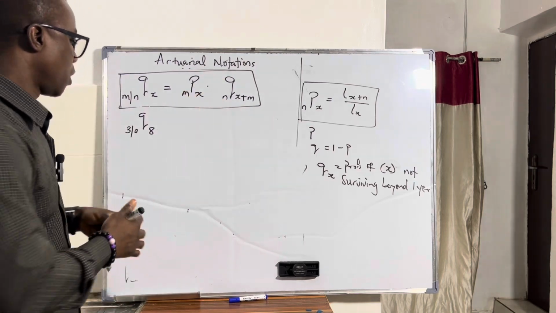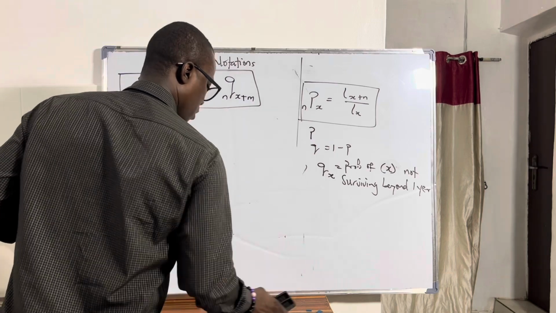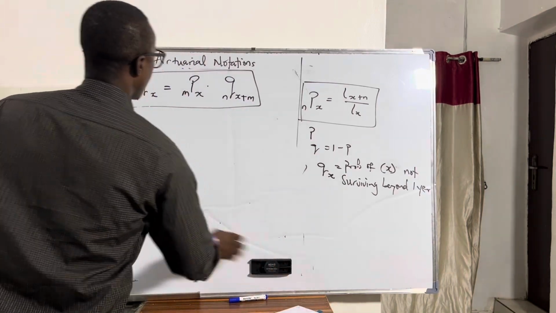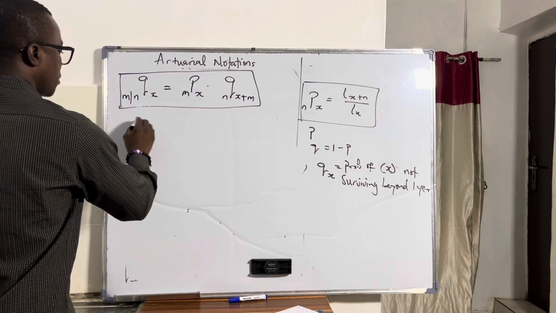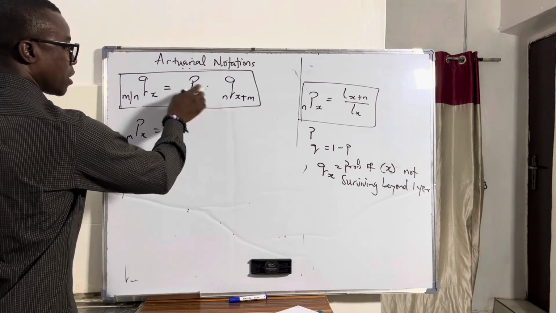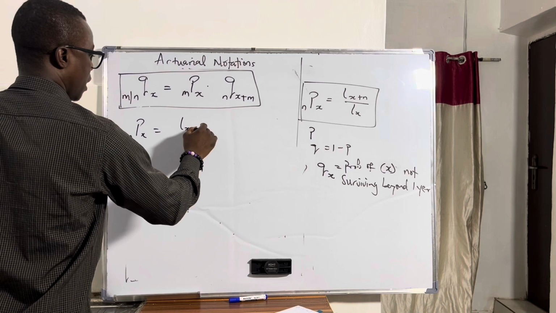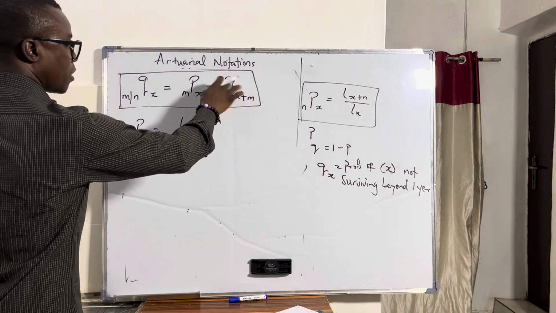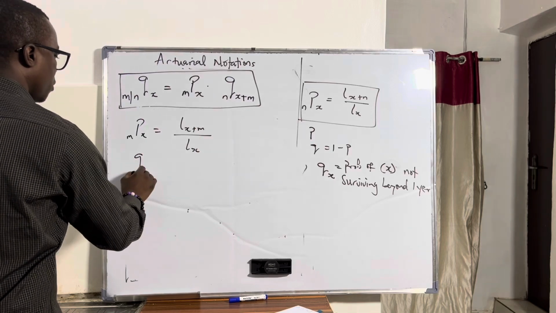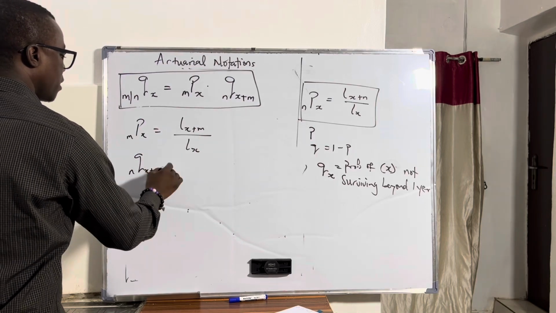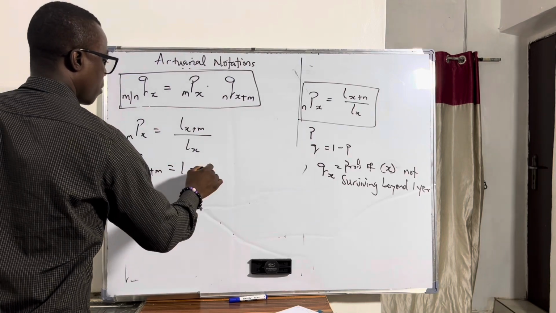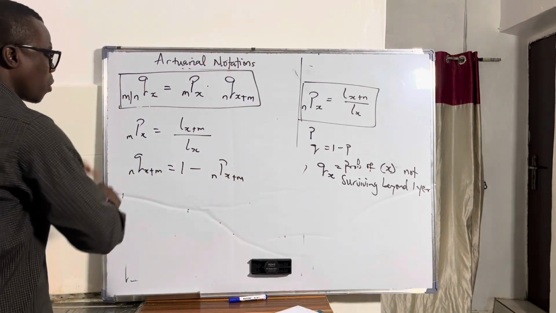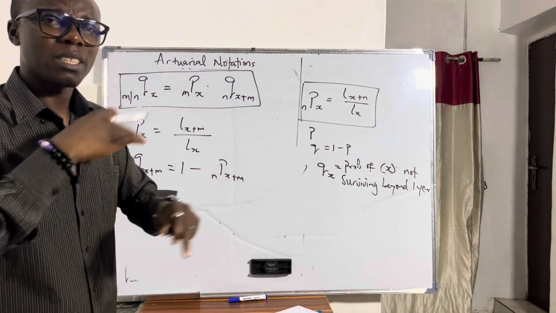It helps a lot to be able to do that. Remember that we know what this means, Pxm, which is the same as Lx plus m over Lx. And then we have Qx plus mn, that is to say 1 minus Px plus m, and then we have n here. So there's just a way we can play around it entirely.